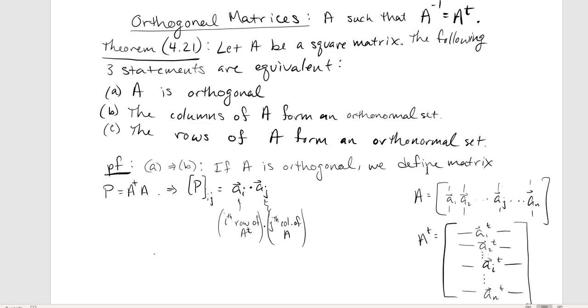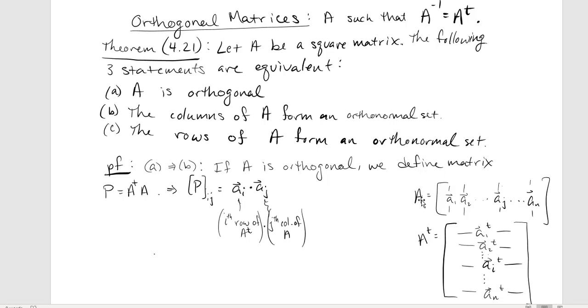Notice if A is orthogonal, we can define this matrix P equals A transpose times A. By definition of matrix multiplication, the ijth term of P is the ith row of A transpose dotted with the jth column of A. That's what matrix multiplication really does. The ijth element of a matrix product is the ith row of the first one dotted with the jth column of the second matrix in the product.